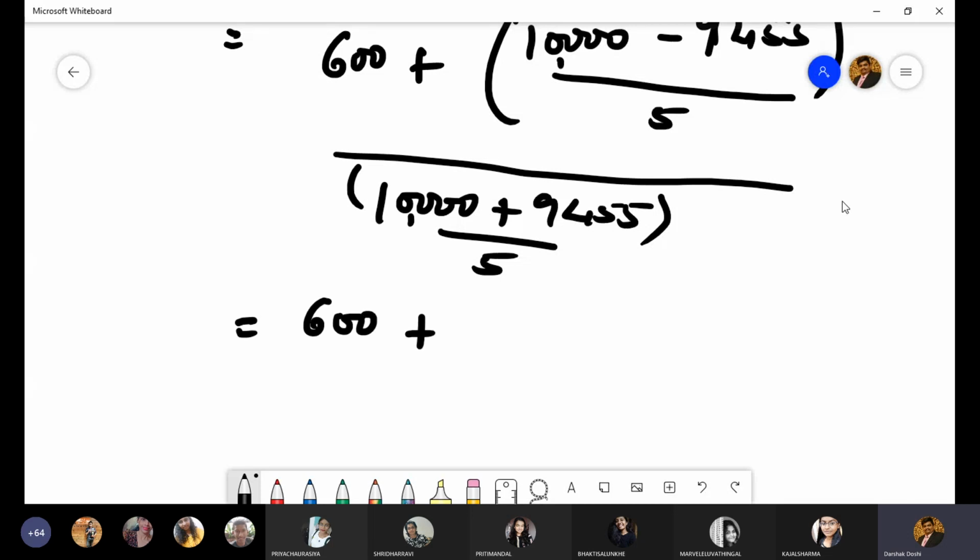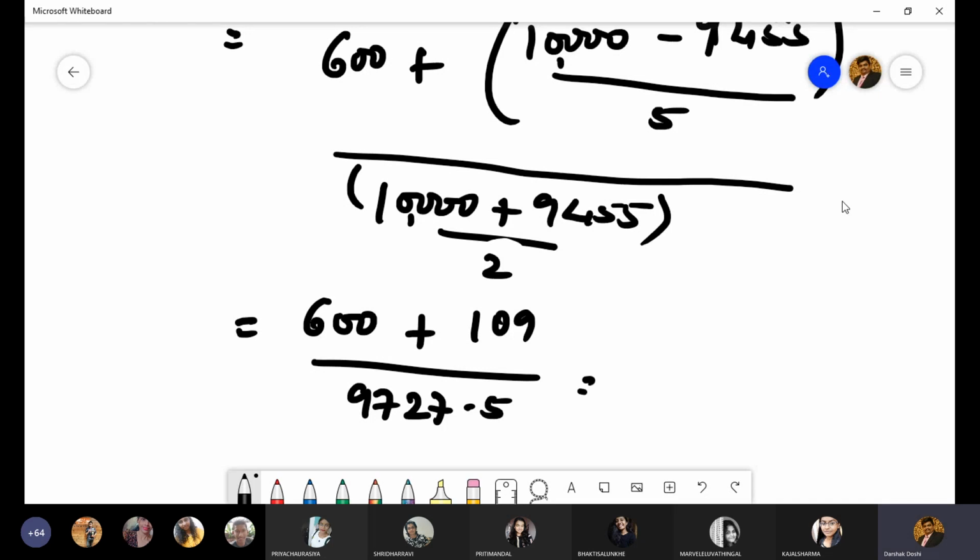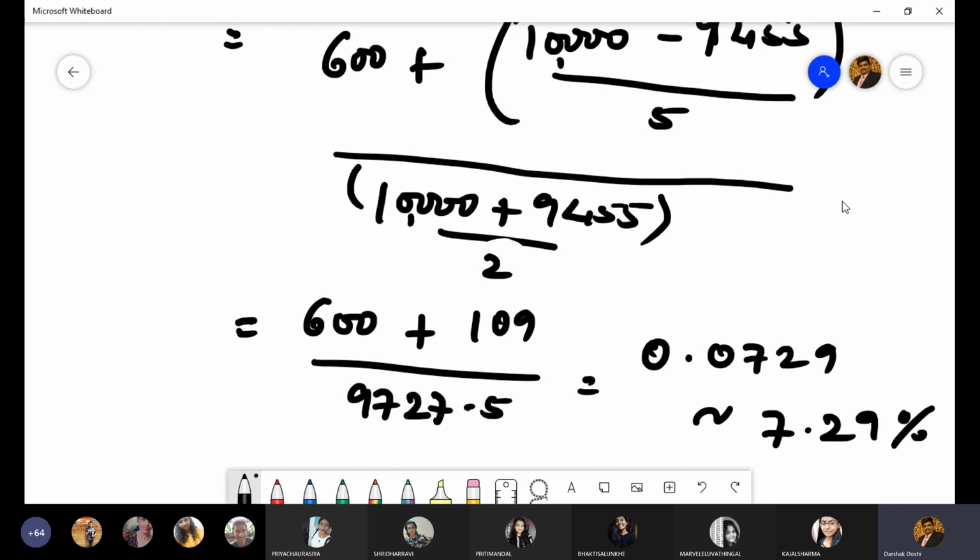So we have 600 plus how much? 109. Correct. 109. The whole divided by 9727.5 is equal to 0.0729, that is 7.29%.